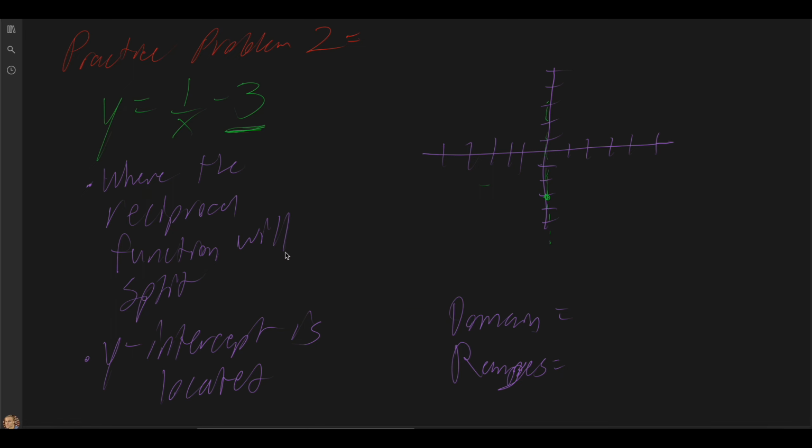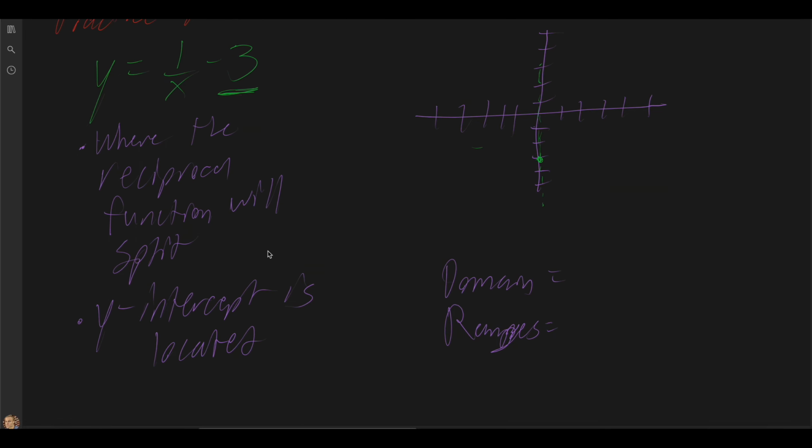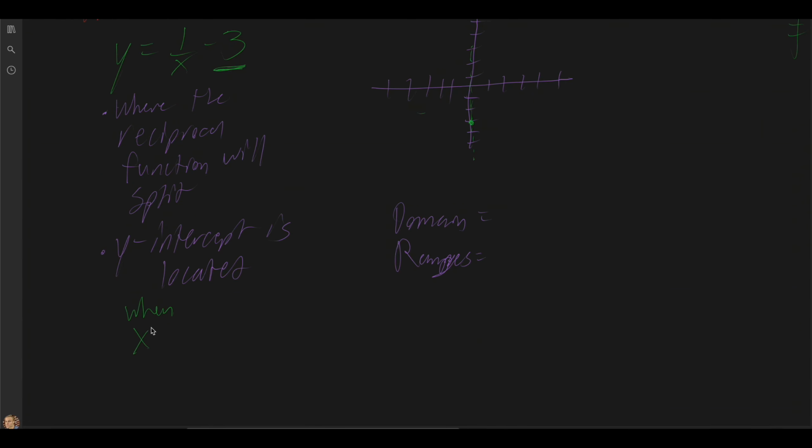And the y-intercept is always denoted whenever x is 0. So when x equals 0, it's pretty straightforward. That means that y will equal, well, it looks like since nothing can be divided by 0, the whole equation completely goes off. So there is no y-intercept.